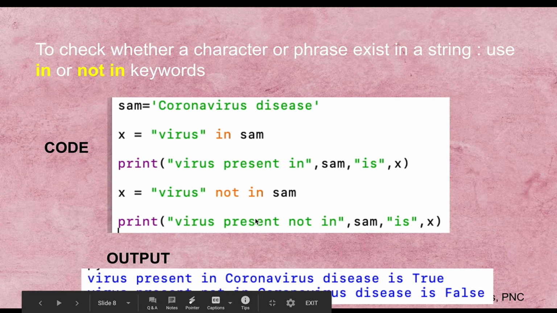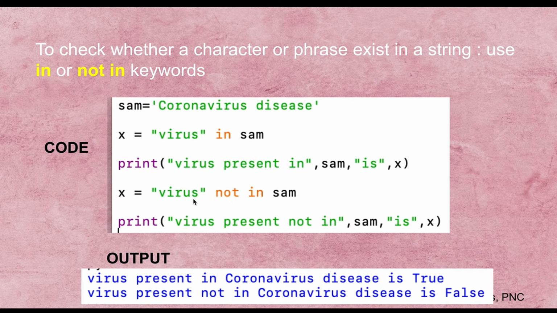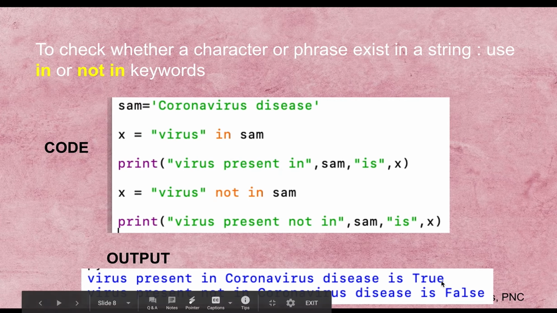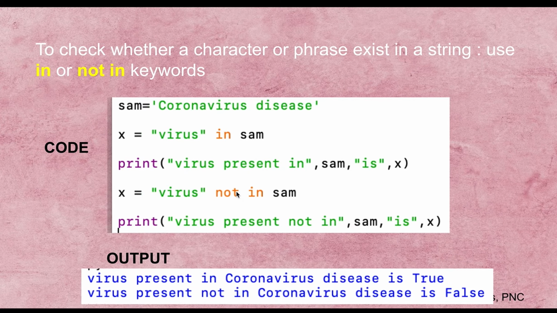so it returns true. And next one is not in. When not in, virus not in coronavirus disease, for which it returns the output as false. So in and not in returns either true or false.